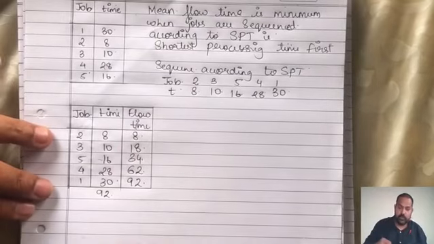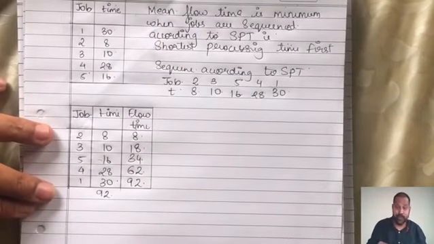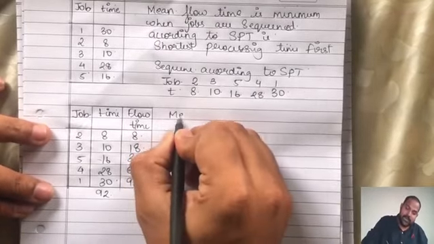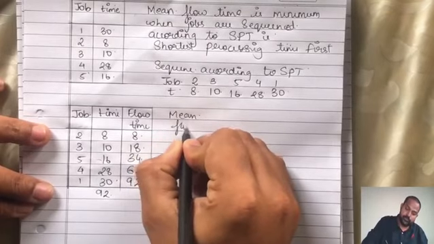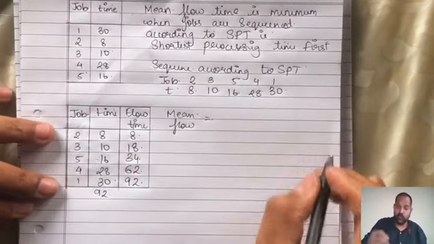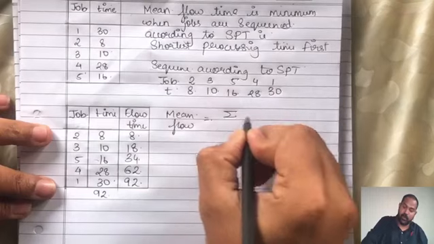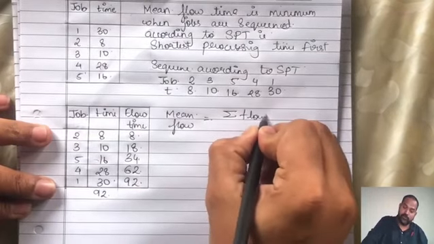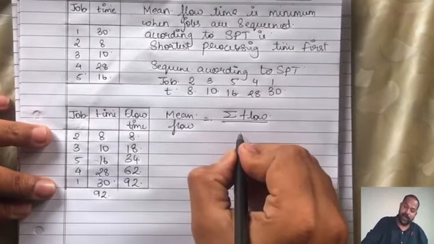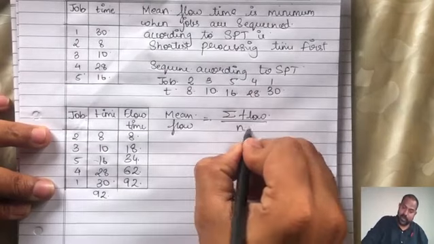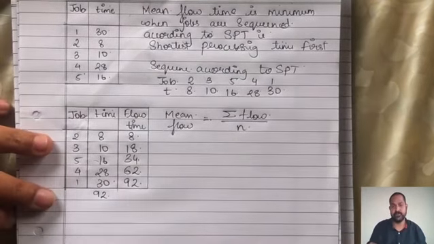You have the flow. We have to calculate something called the mean flow. Now what is mean flow? Mean flow is the sum of all the flow times divided by the total number of jobs.